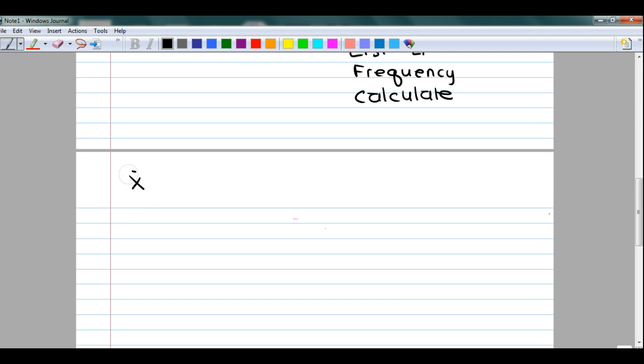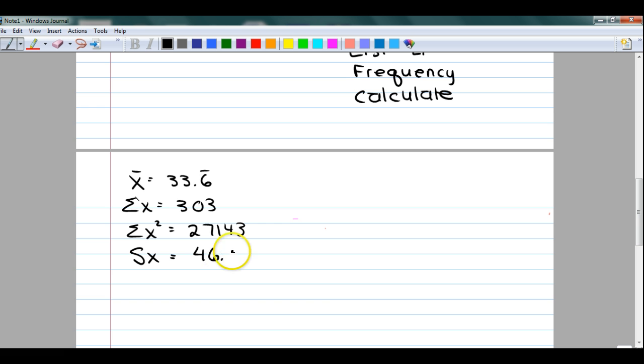As you can see, we've got our sample mean, 33.6 repeating forever. We've got our sum of our list. We've got the sum of squares of our list. Sx, that's sample standard deviation, and I'll talk about that in part 2.